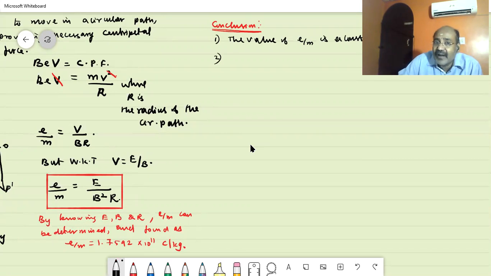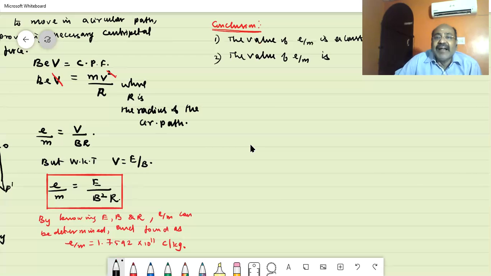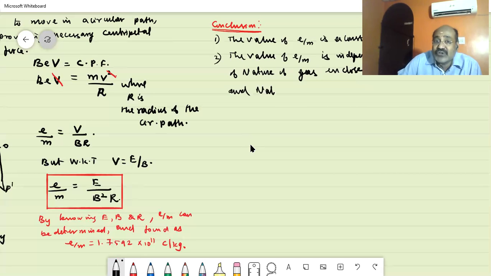Number two, the value of e by m is independent of the nature of the gas enclosed inside the discharge tube, and the nature of electrodes used as cathode and anode.